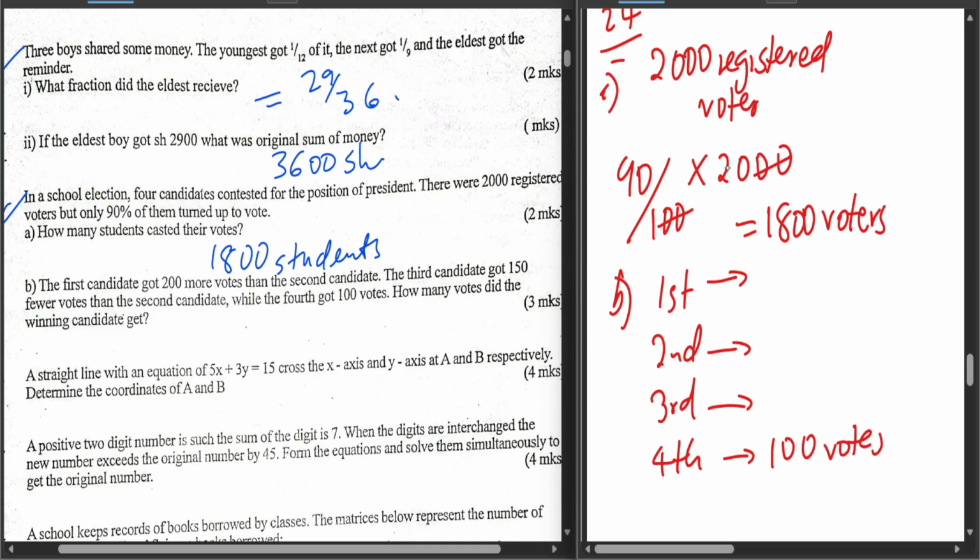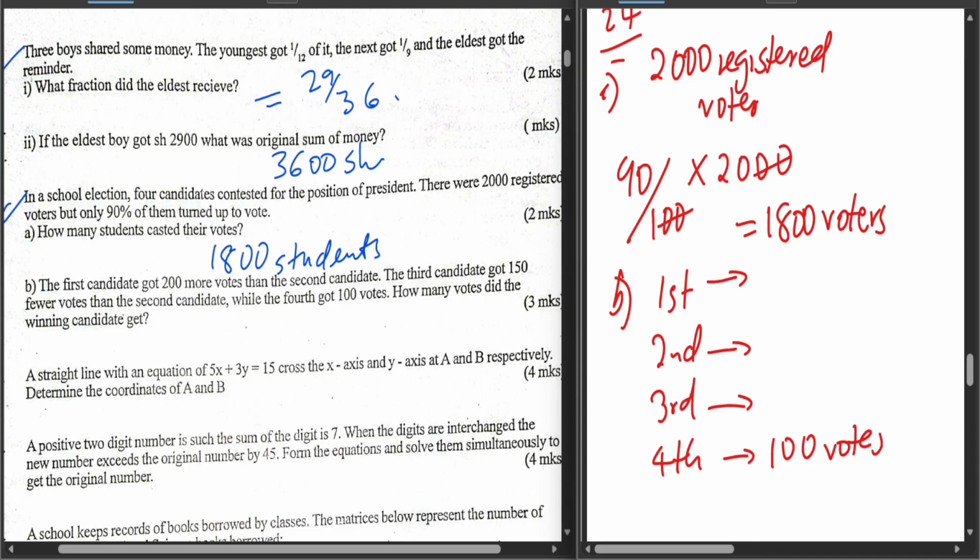Now they're telling you that the third candidate got 150 fewer votes than the second candidate.